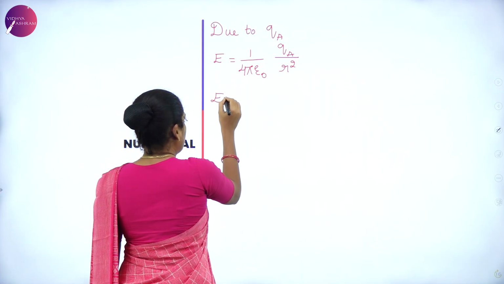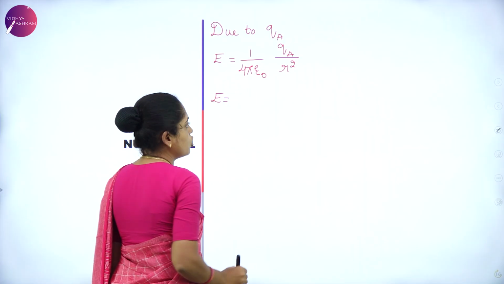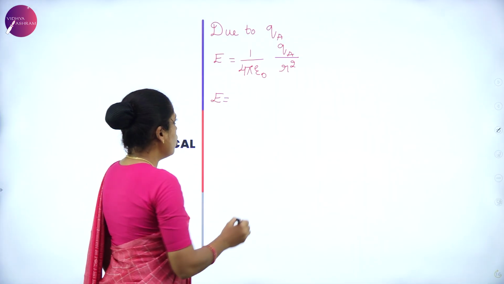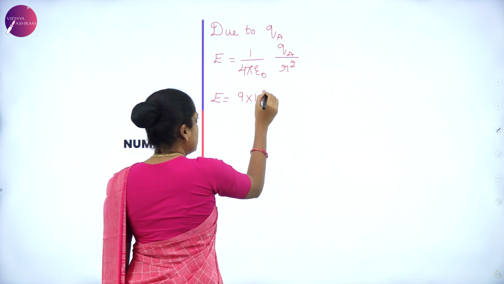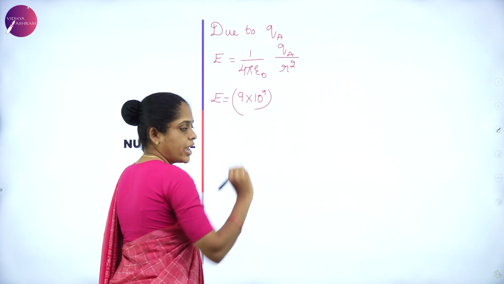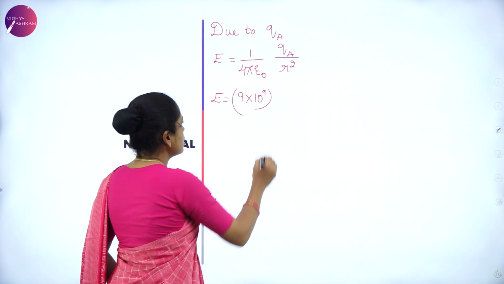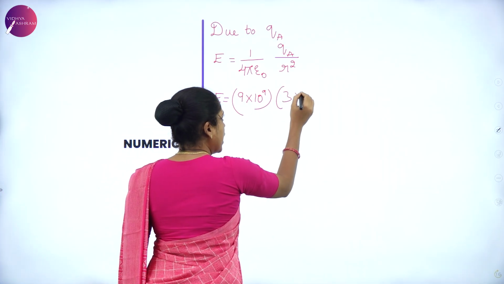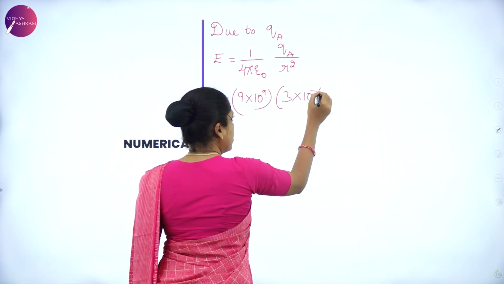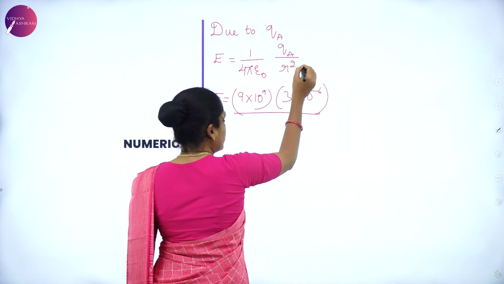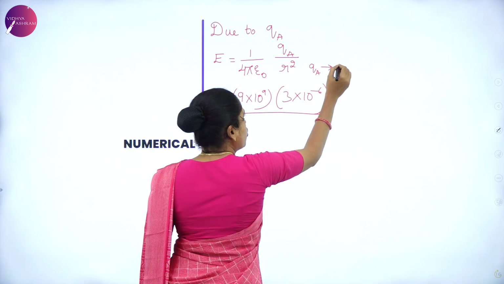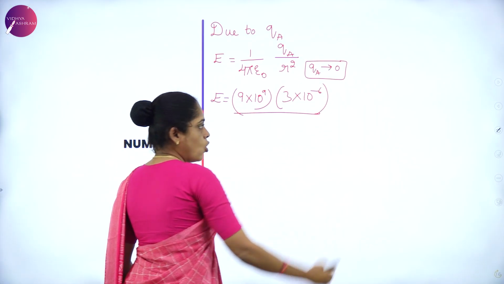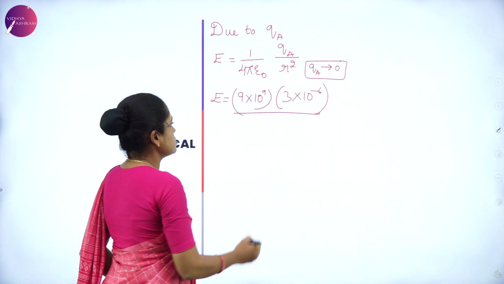E is equal to 1 by 4 pi epsilon naught, a constant whose value is 9 into 10 power 9, and the charge placed at point A is 3 microcoulomb, and the distance between the charge and point O is 10 centimeter.